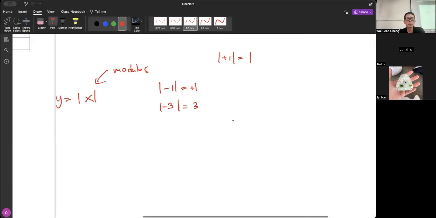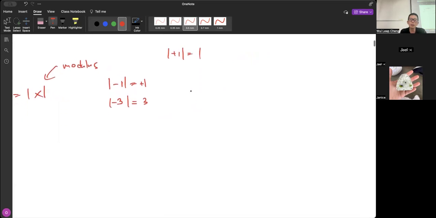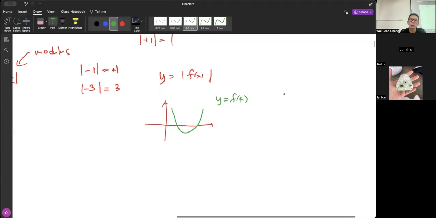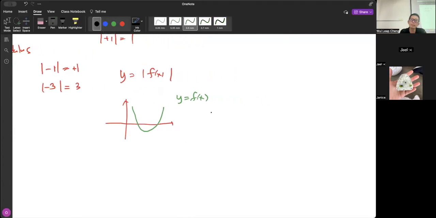Okay, so the function of this thing, for example, let's say you have a function. F stands for function. For example, let's say you have a graph, originally like that. This is f(x)'s graph. When that is negative, the graph will be, okay, the negative part.